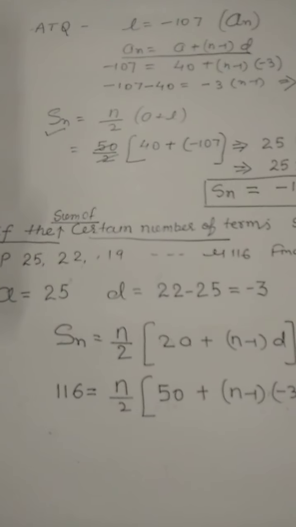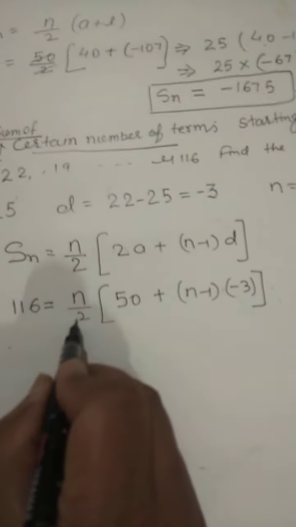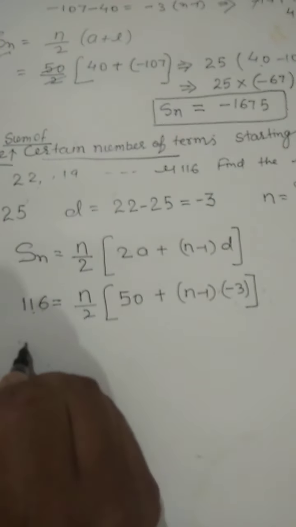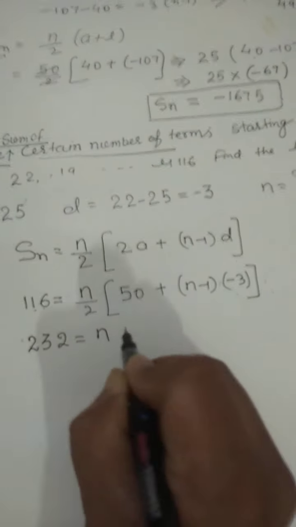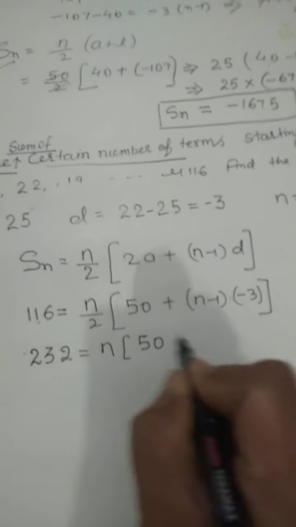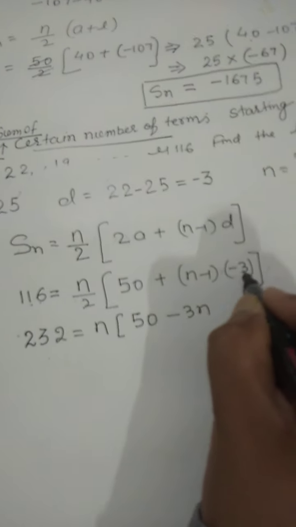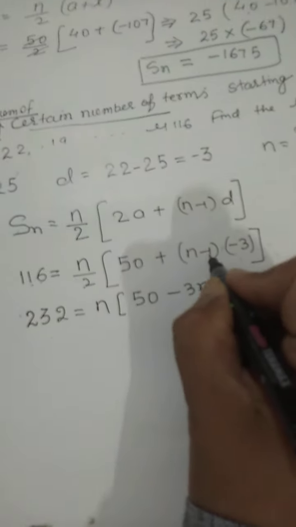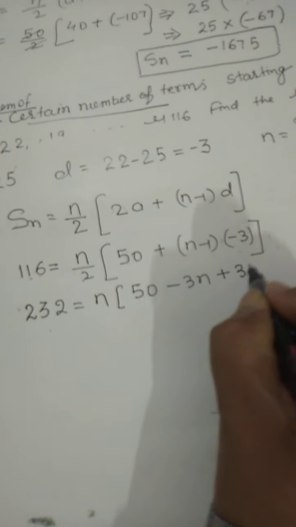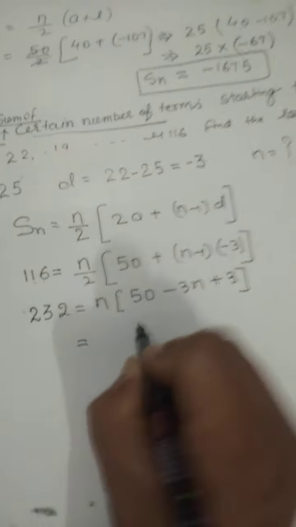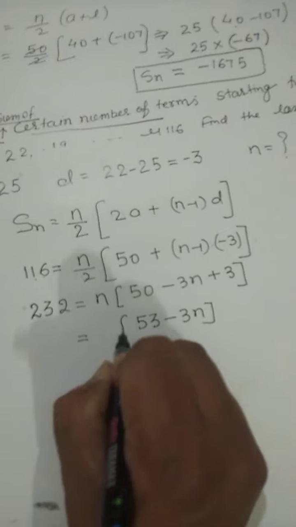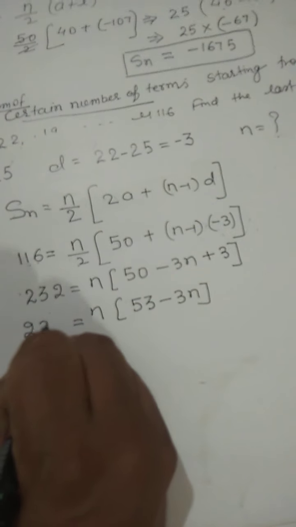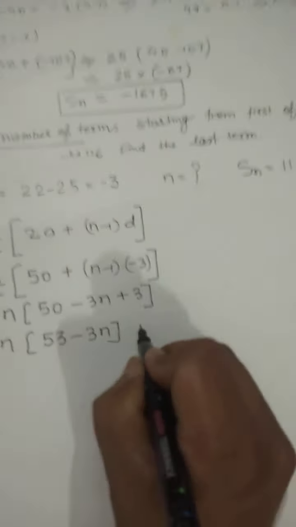Cross multiply by 2, that is 232 is equal to n times (50 minus 3n plus 3), which is equal to (53 minus 3n) multiplied by n, equal to 232.